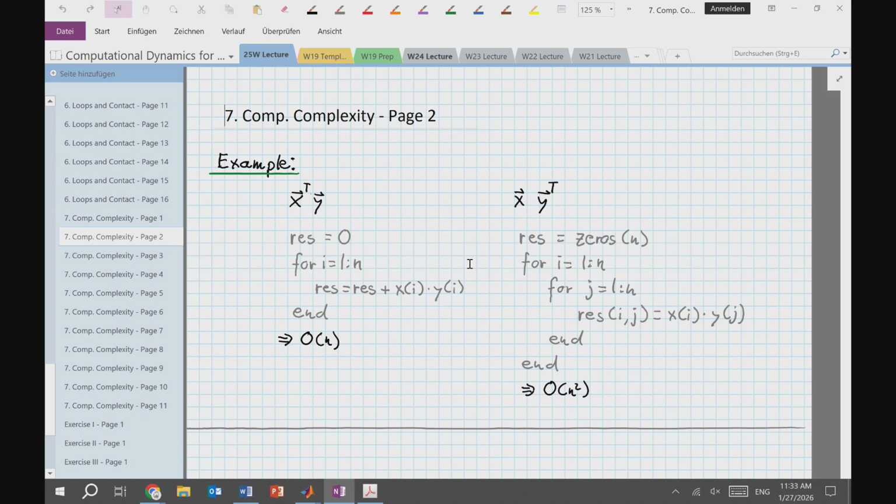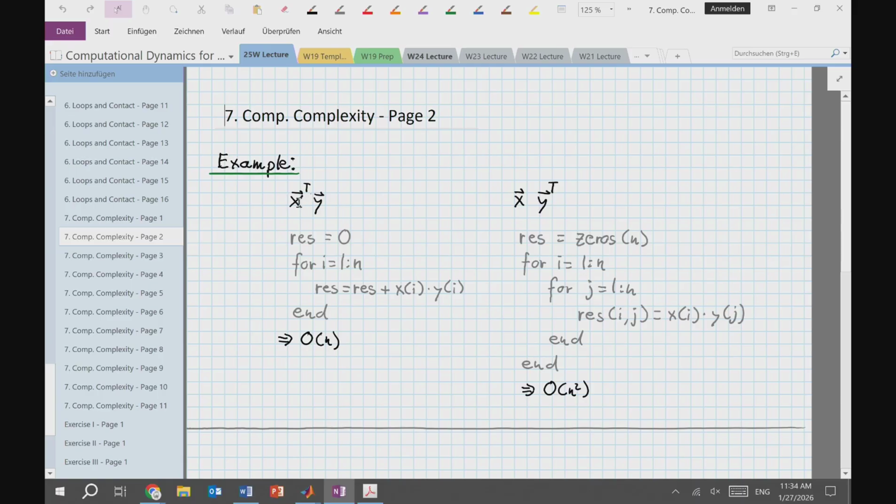What I have here are two MATLAB implementations. On the left-hand side, we see a dot product. And on the right-hand side is not a dot product. This is row vector times column times row, so this will give us a matrix. The way you would implement this naively is through some for loops.